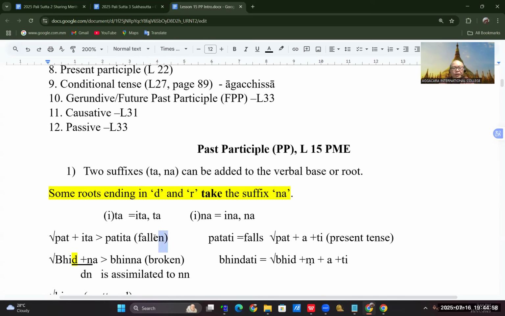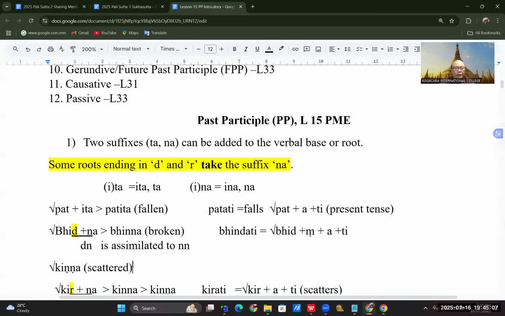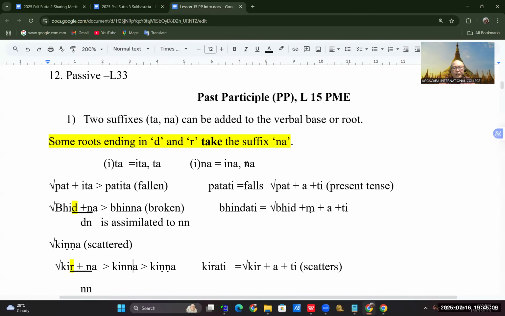Normally we use PP to represent past participle, as you can see here. Now the second suffix is na, or ina. For example, bhid is 'broken', so bhid plus na, bhinna. The d and n become assimilated to nn.